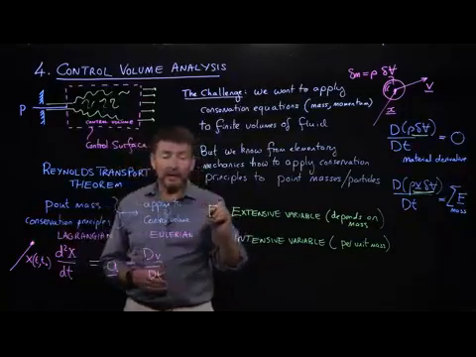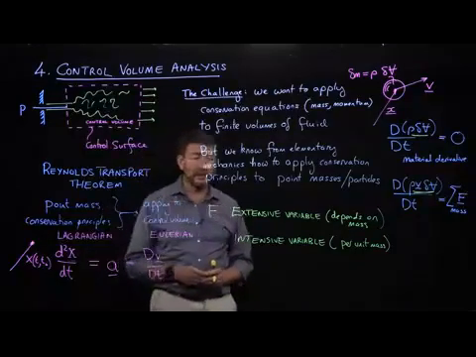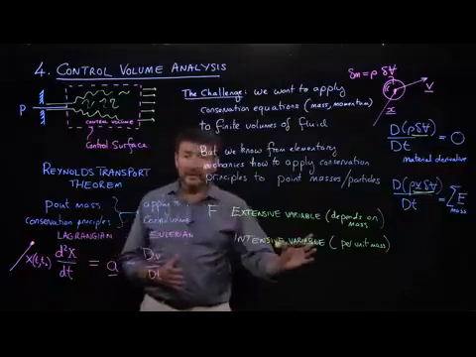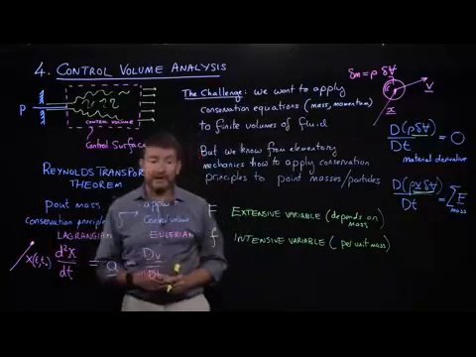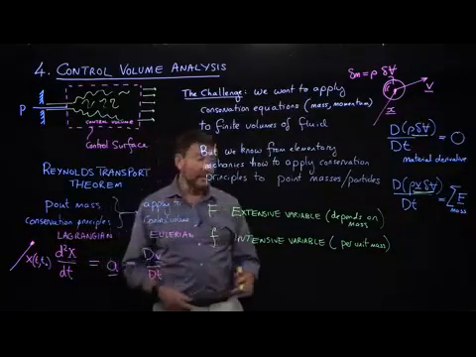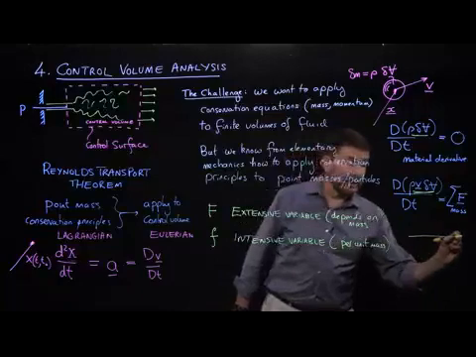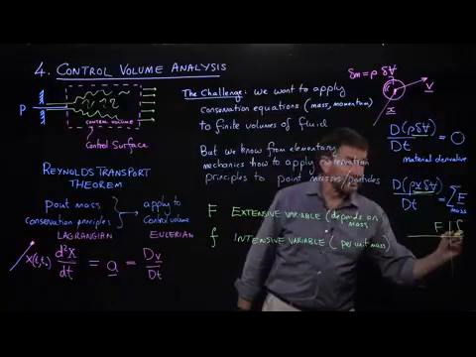So generically I'm going to call our extensive variable F, and we'll frequently use that. And our intensive variable, or the amount per unit mass, we'll typically write as a lowercase variable like this. So we might make a little table of some quantities that we might have seen in the past.